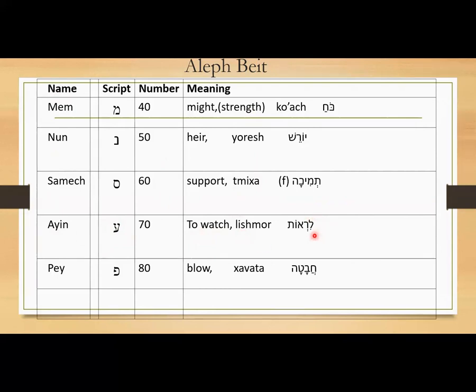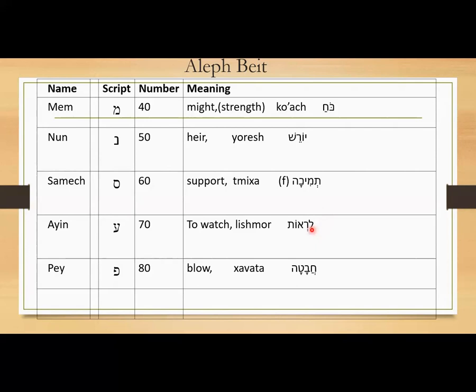L, I, le, I. Lir, ot. Oh, sorry. Lir, ot. This word is wrong. This lishmore is wrong. It should be L, I, R, shwa.